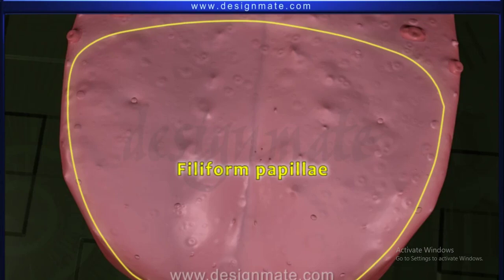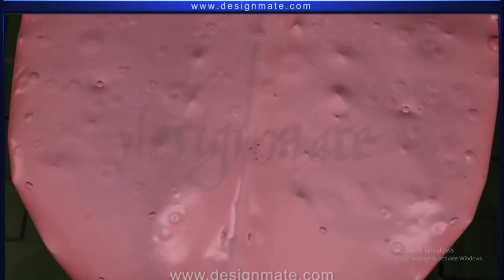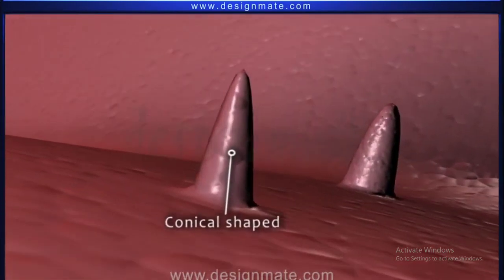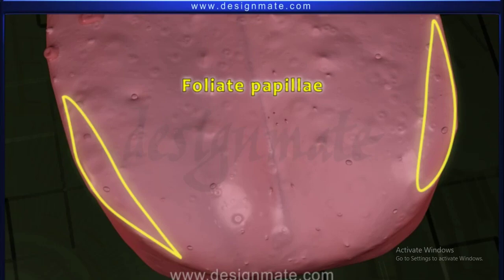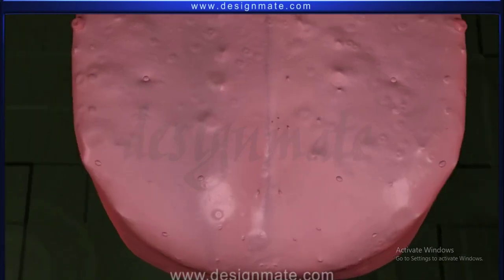They are present on the anterior 2/3 of the tongue. They are conical in shape. The foliate papillae are found on the lateral margins but are rudimentary in humans.